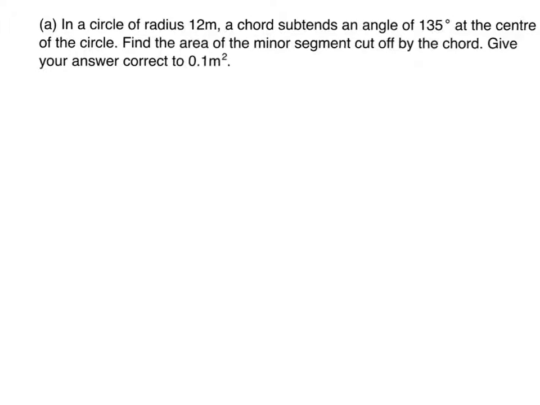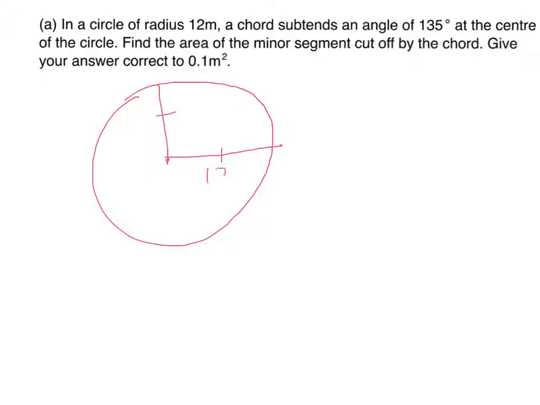Okay, examples. The first example: in a circle of radius 12 metres, a chord subtends an angle of 135 degrees. So there's our radius of 12.